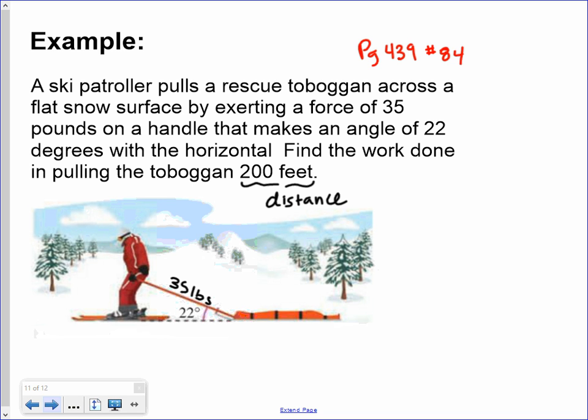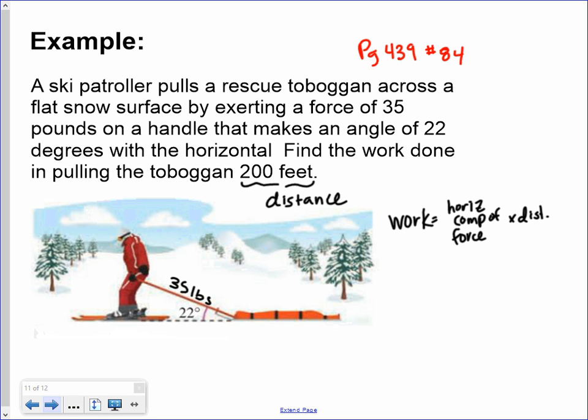Then to calculate the work, I want to do force times distance, but because I'm moving it horizontally with the ground, I want the horizontal component of force times distance. So the force is 35 pounds.